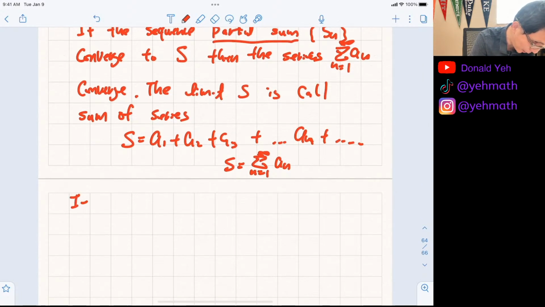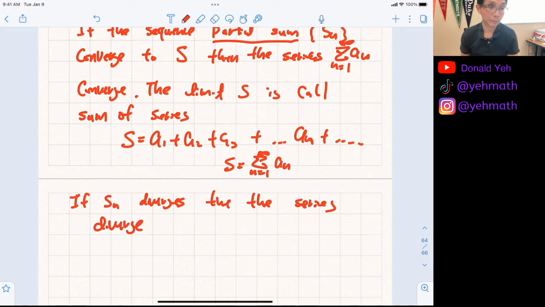Now if s sub n diverges, then the series diverges. Question: you just said if the sequence of partial sums converges to S, then the series converges? Yes.